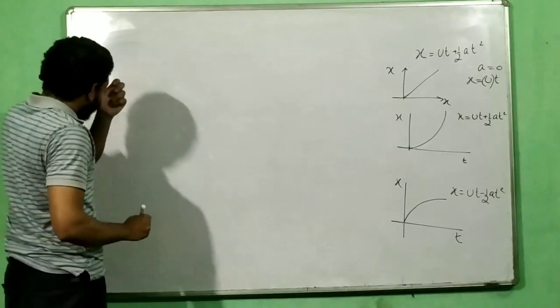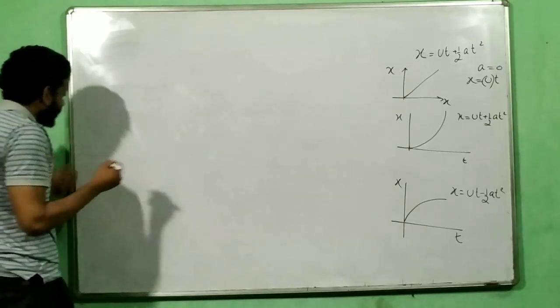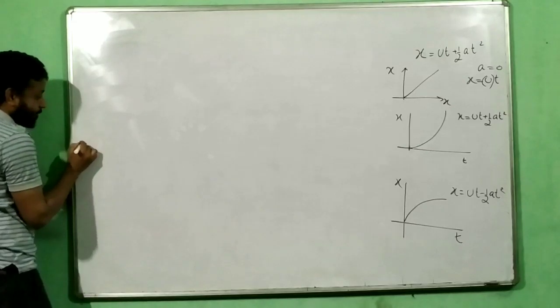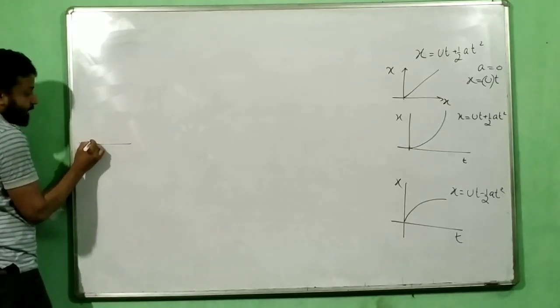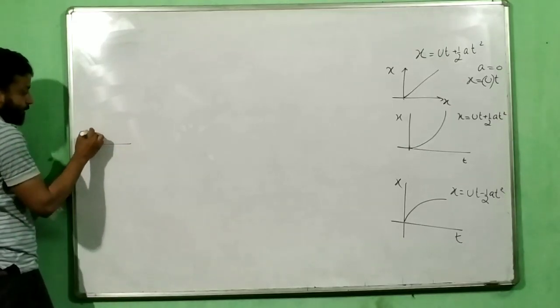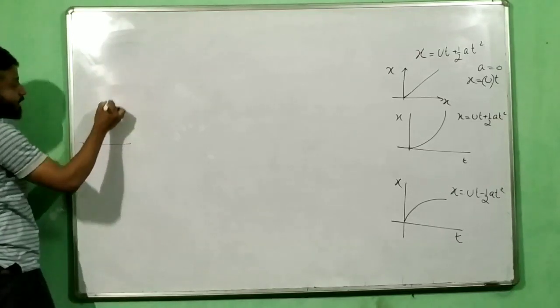Okay, let's start here. I'll start with the question which I asked you last time. A body is here and it is thrown up, goes up and then comes back down.